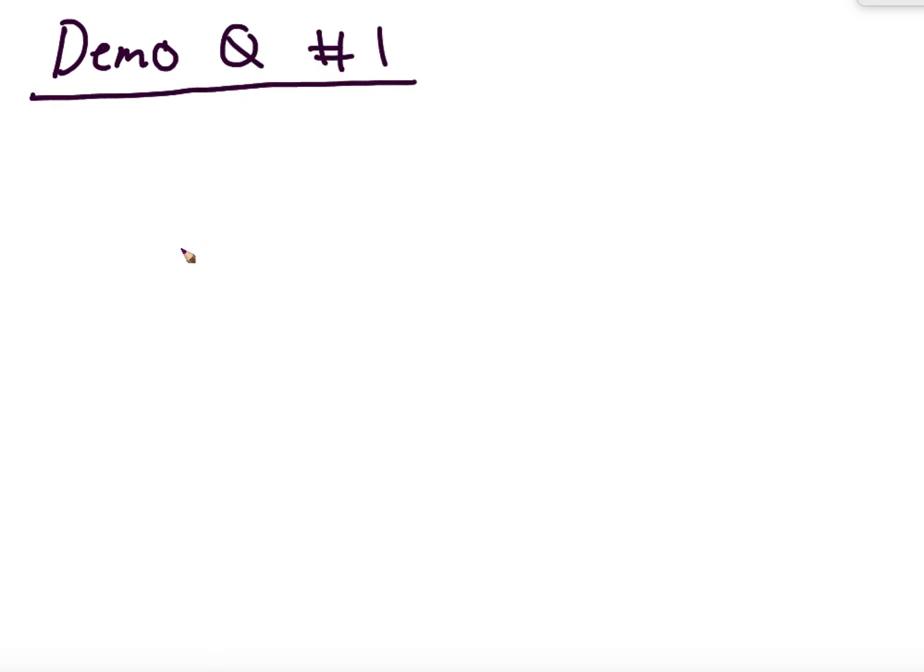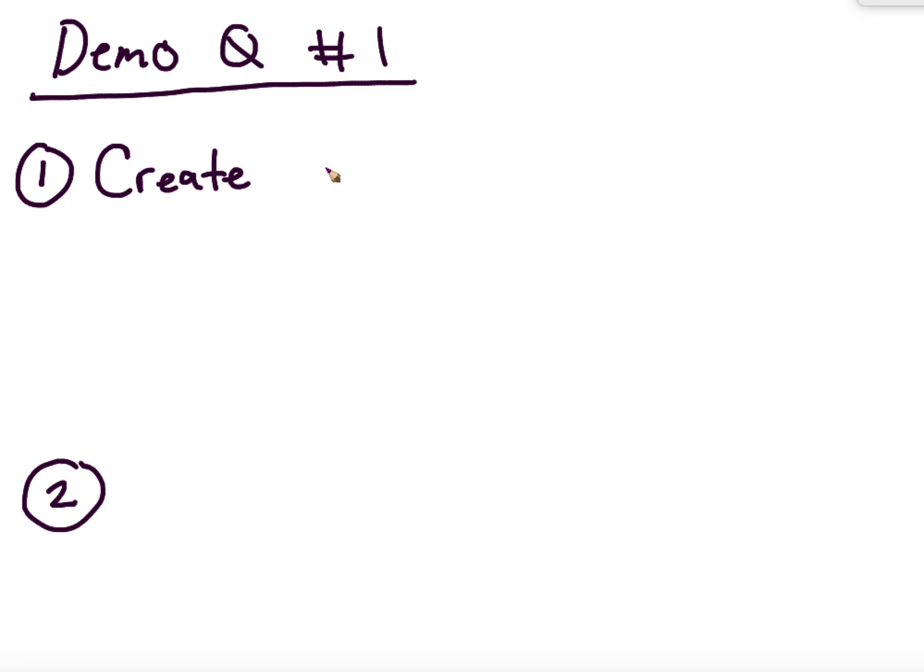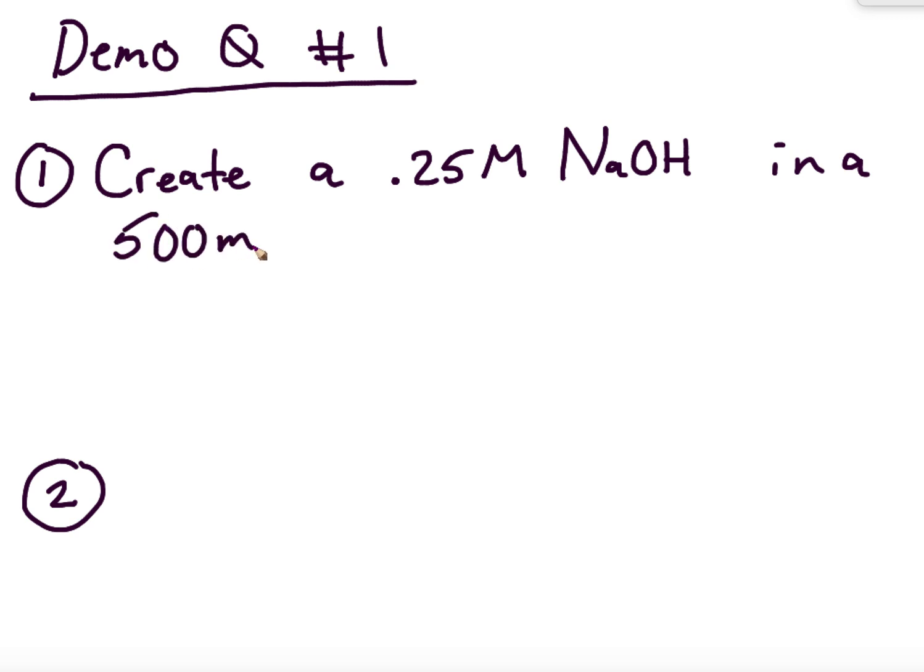I'm going to give you 2 scenarios I want you to create. So there'll be 3 questions total. A 0.25 molar solution of NaOH in a 500 milliliter volumetric flask. So what I want you to do is tell me, just in sentences, explain it to me.